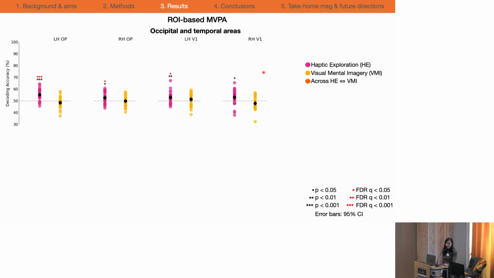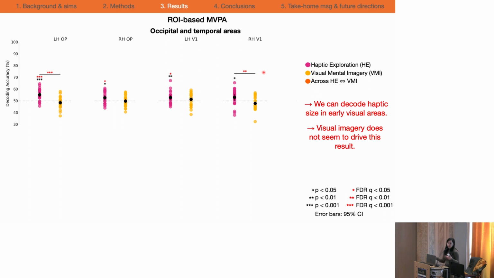But no significant decoding of size was found during the visual imagery trials, which suggests that we can decode haptic size in early visual areas, and this doesn't seem to be due to visual imagery. This is also further supported by the significant difference in the decoding accuracies for haptic and imagery size. No significant cross-decoding was found in any of these regions.